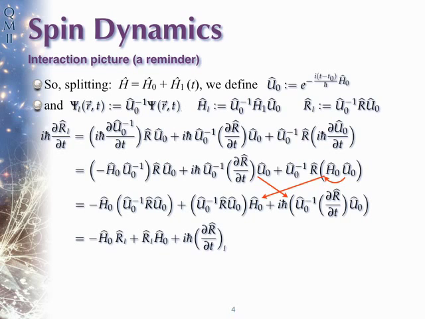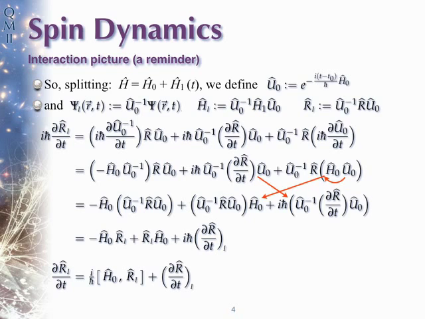So you can write that as the interaction picture representation of the time derivative of R, and you obtain the general dynamical equation for how the operator Ri changes.